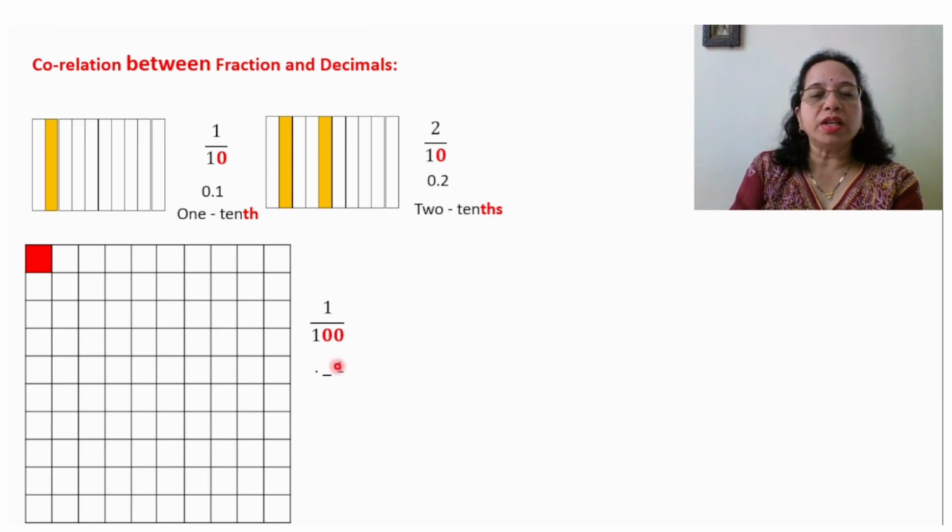So 1 is already there, there is no number, and then the decimal, and in maths if there is no number we write 0. And also the whole part is missing, so here also we will write 0. So the decimal for 1/100 will be 0.01. And we will read this as one hundredth.